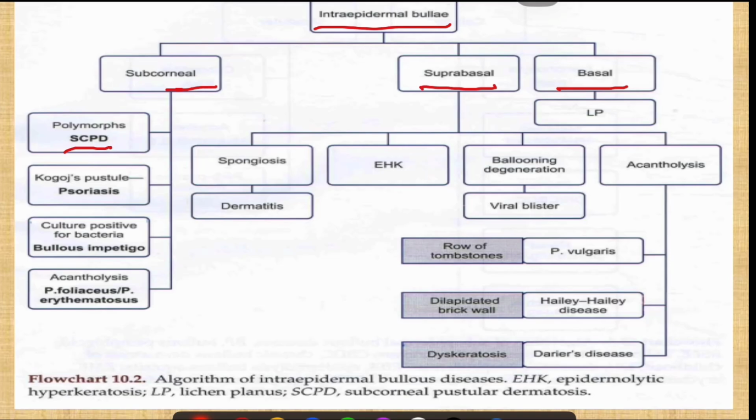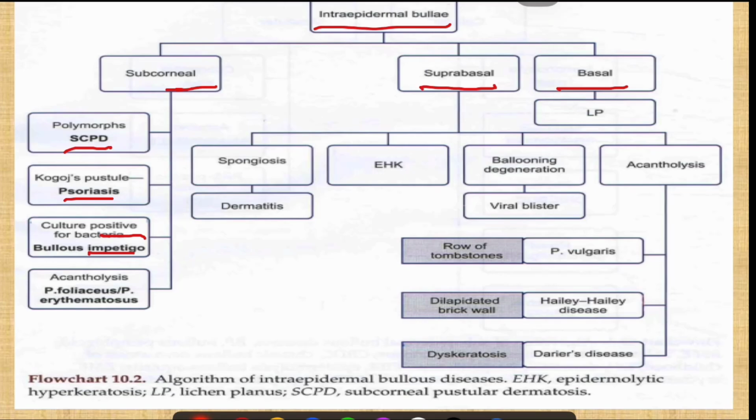If Kogoj pustule, then it is psoriasis. If culture is positive for bacteria, it is bullous impetigo, and if acantholysis is there, then this is pemphigus foliaceus and erythematosus.